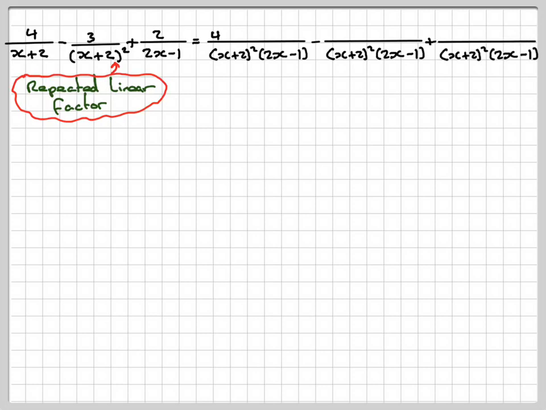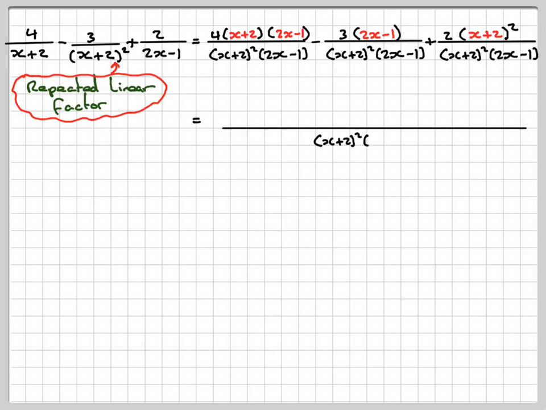Now the 4 has been multiplied by (x plus 2) and (2x minus 1). The 3 here has been multiplied by just (2x minus 1). It's already over (x plus 2) squared. And the 2 here has also got to be multiplied by (x plus 2) squared, because it's already over (2x minus 1).